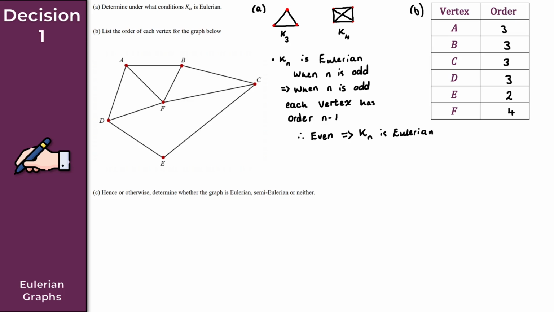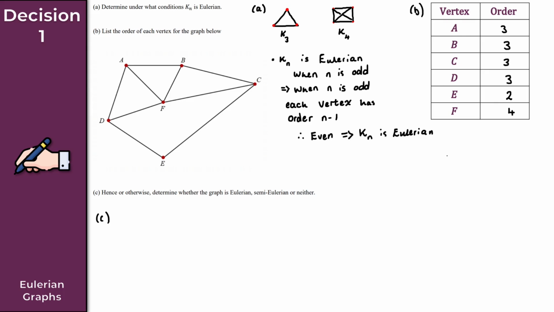And then finally, for the very last part of this question here, I'll just do this underneath them. So for part C then, it says, hence or otherwise determine whether the graph is Eulerian, semi-Eulerian, or neither. Now we need to recall then what conditions are required here for Eulerian, semi-Eulerian, or neither. Now, if the graph is Eulerian, then all vertices will be of even degree, which clearly this is not the case here.